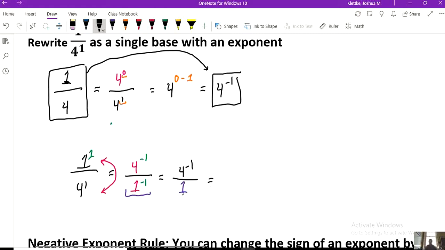We don't need to put anything over 1. We can leave that invisible. And there we have it. So we have division shortcut for exponents, and now we have a negative exponent rule.